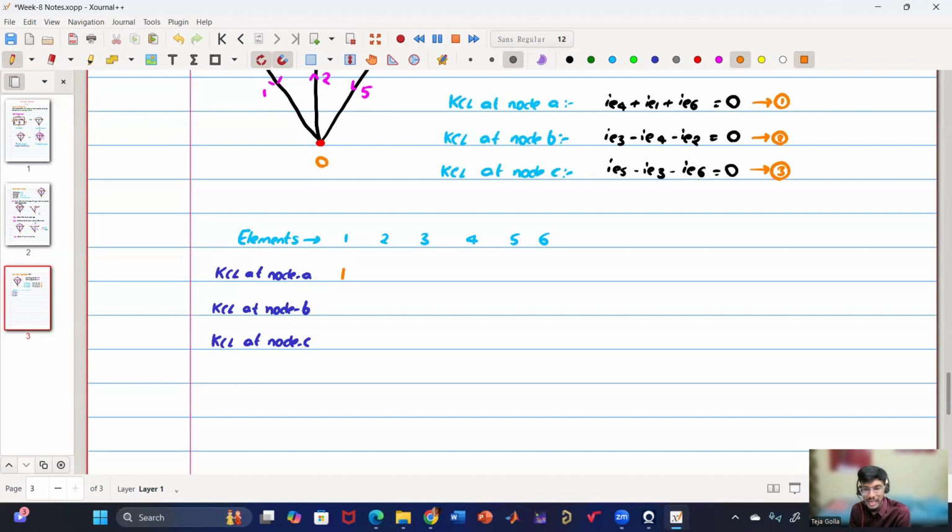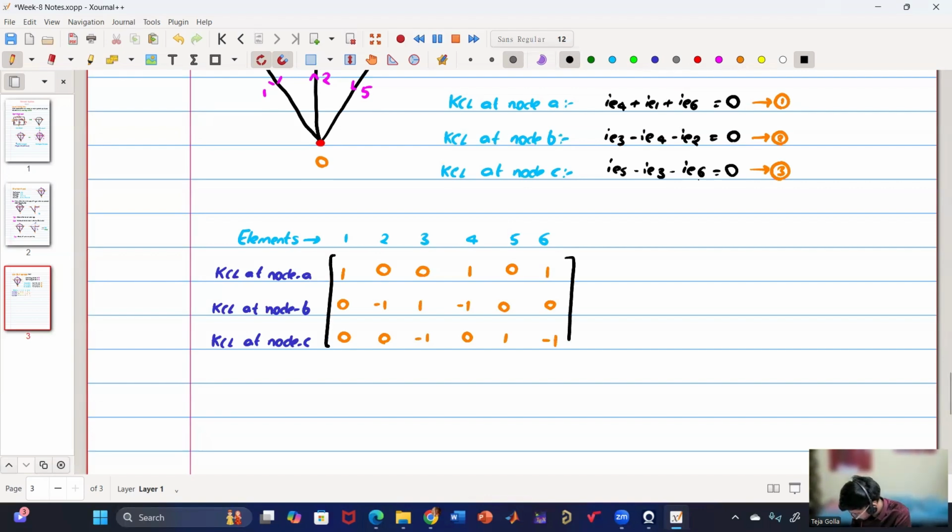So KCL at node A has IE4, IE1 and IE6, and other terms are 0. Now KCL at node B is IE3 minus IE4 minus IE2. Other terms are 0. KCL at node C, IE5 minus IE3 minus IE6. Other terms are 0. So now let me complete the matrix format.